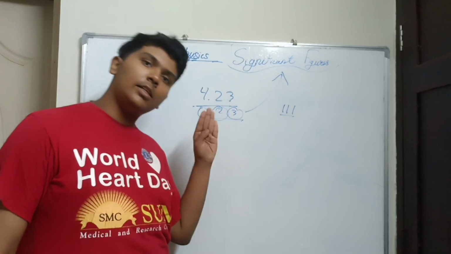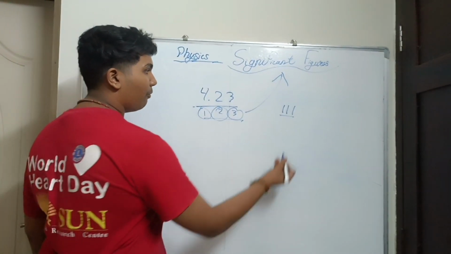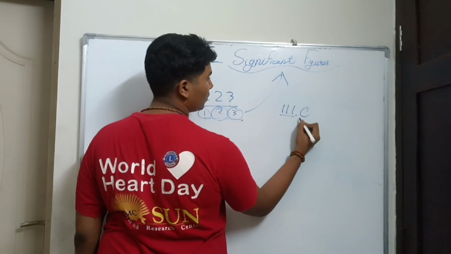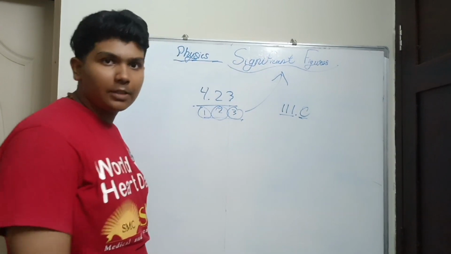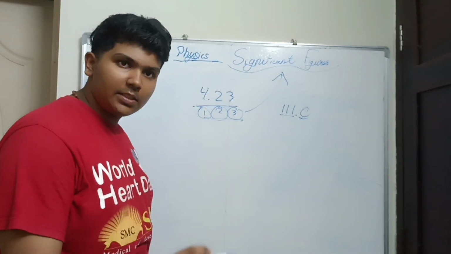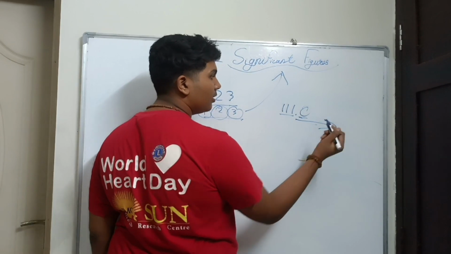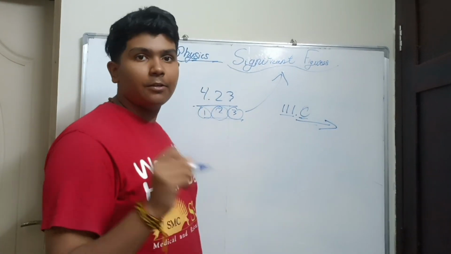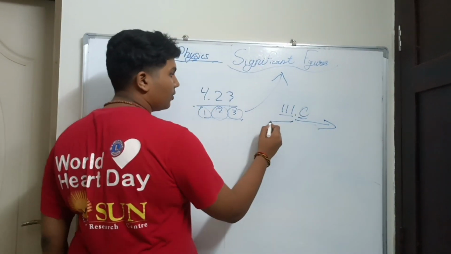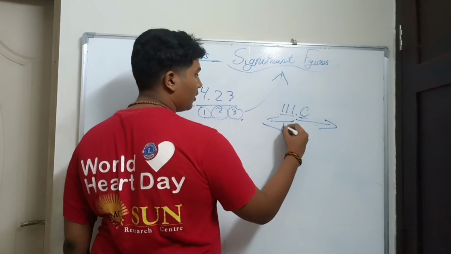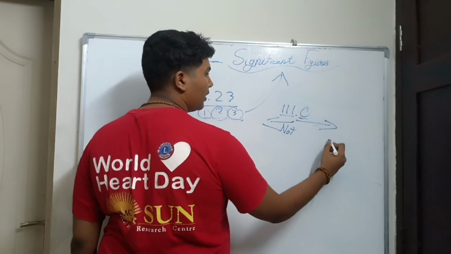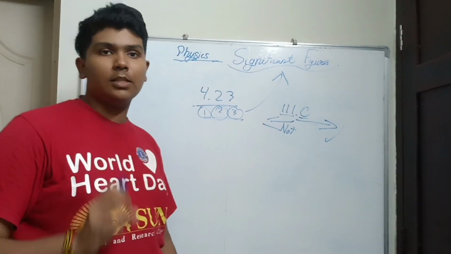These 3 are also significant figures. If a decimal point is there, then this also has to be considered. There is a rule that zeros on the right are considered significant figures, but those on the left are not considered. But here, yes, it is considered a significant figure.